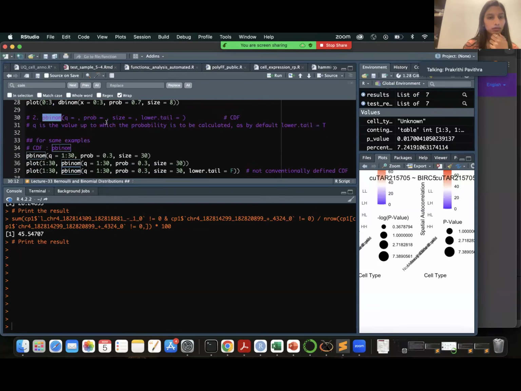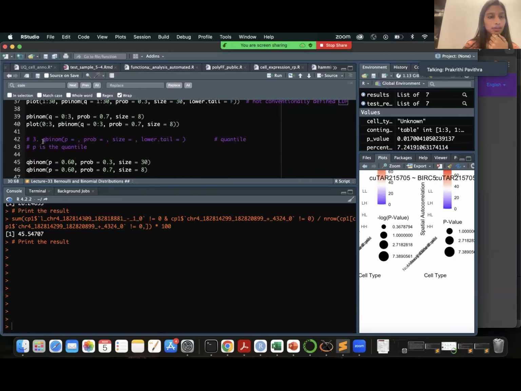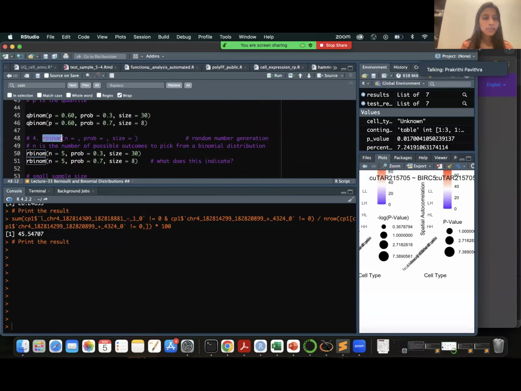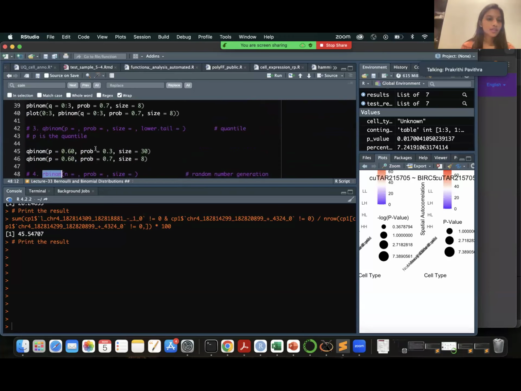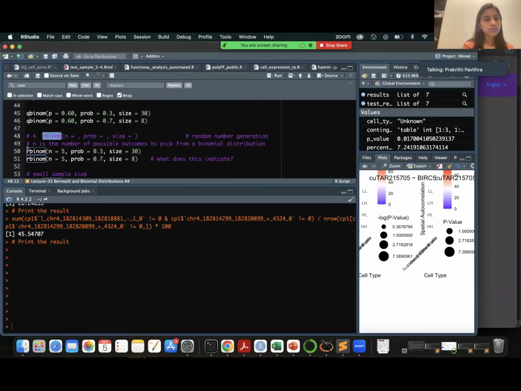You use this when you want to calculate the CDF, and there's qbinom that you use to find the quantile, like the value at which you observe the 60th quantile or so. And then rbinom, to generate random numbers that follow this particular distribution. So you use binom in case of binomial distribution. So there's dbinom, pbinom, qbinom, and rbinom.